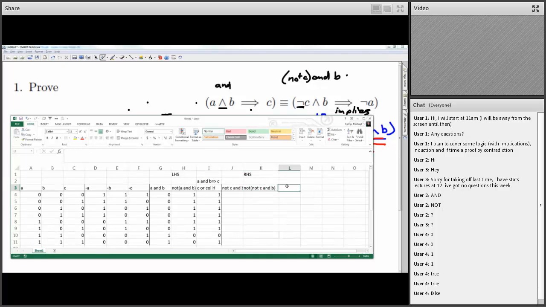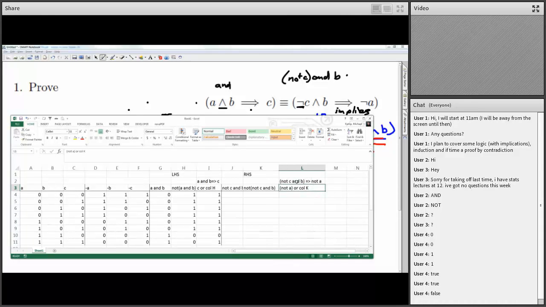And then lastly, we need to do not A or the last column, so column K in this case. And that particular one would be not C and B implies not A.